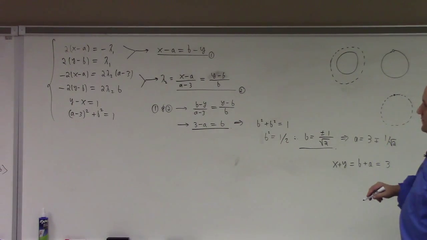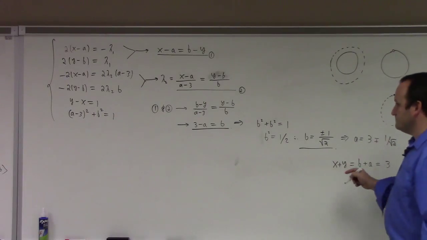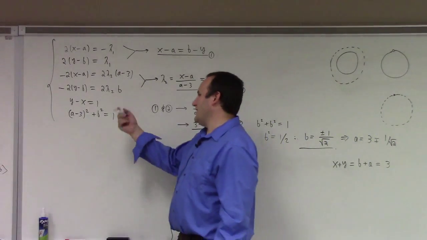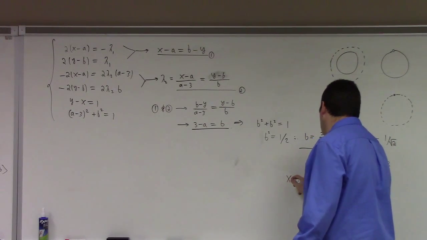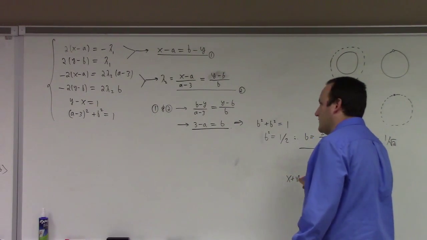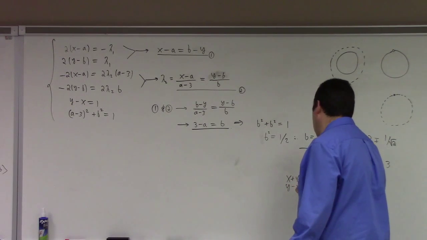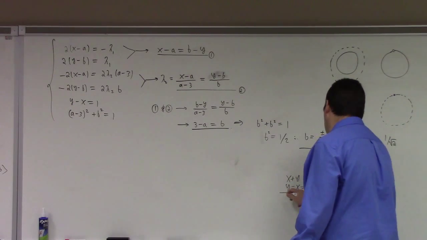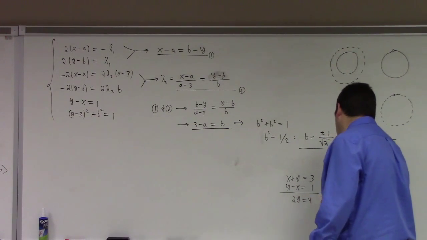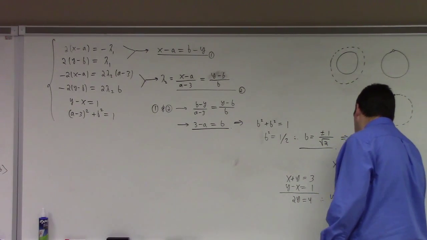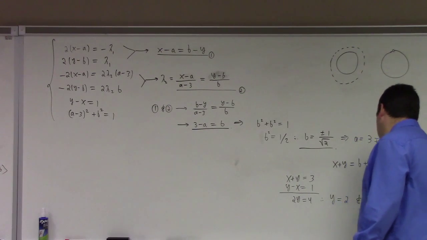But on the other hand, x plus y is equal to what? Oh, well, I guess I can't use that. But now I've got x plus y is equal to 3. And I've also got that y minus x is equal to 1. So if I add those, that gives me 2y is equal to 4. So therefore, y is equal to 2. And x is equal to 1.